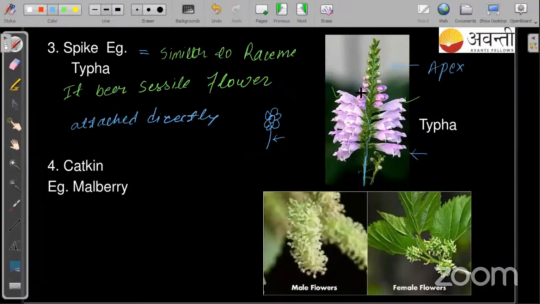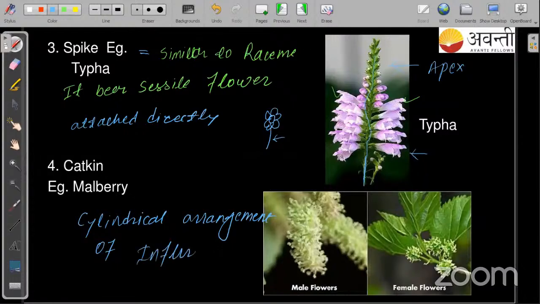Okay, let's move ahead. The next thing is the catkin. So what is meant by catkin? Catkin is nothing but a cylindrical arrangement of the inflorescence. In the case of mulberry flower, you can see this type of flower, a cylindrical arrangement like that.